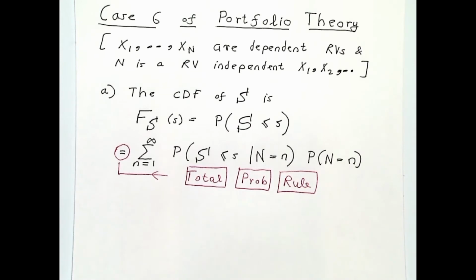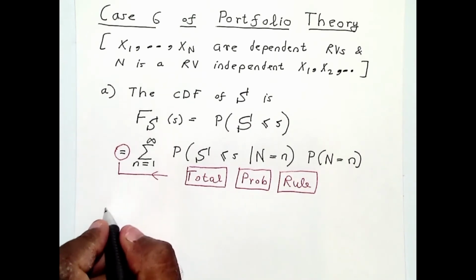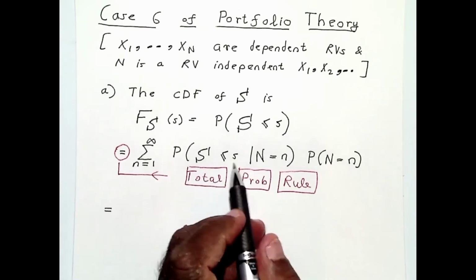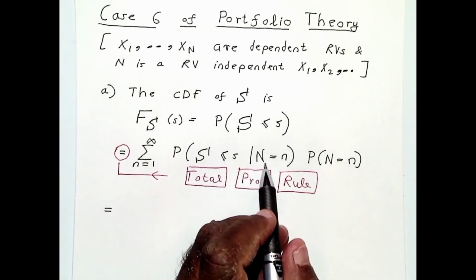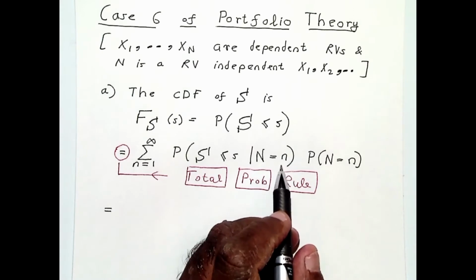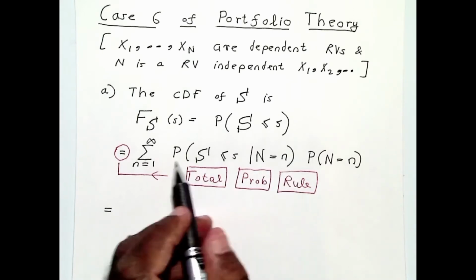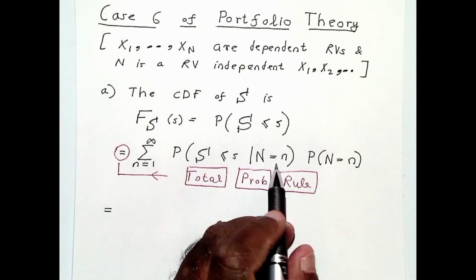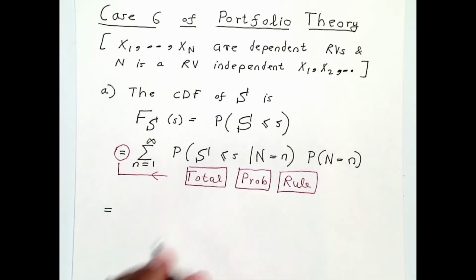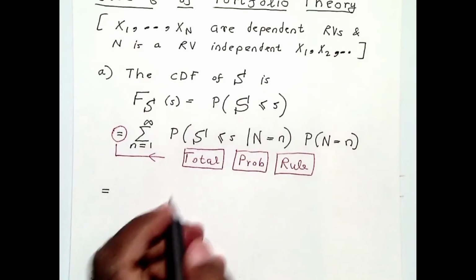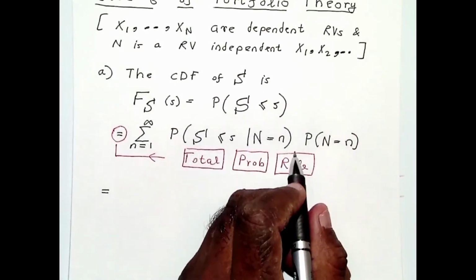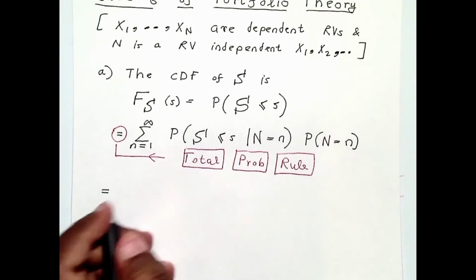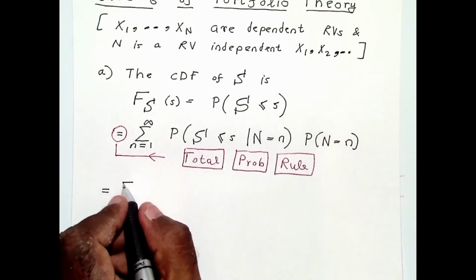Right? And in the next step, because in this conditional probability we are conditioning on the number of investments being a fixed number, what you have here must be the same as what we got in case 5. So I can replace this with the CDF of S that we got in case 5. So that's what I'm going to do now.